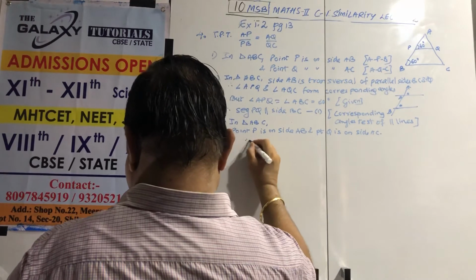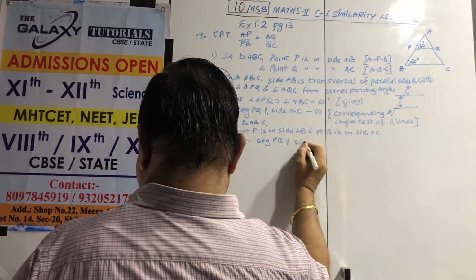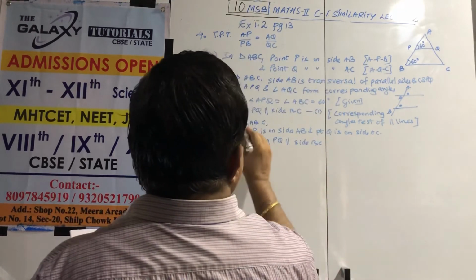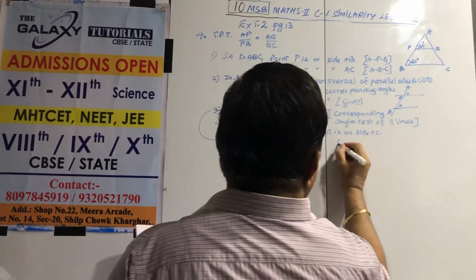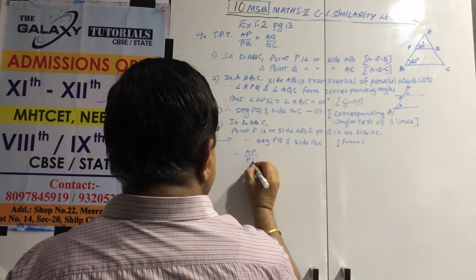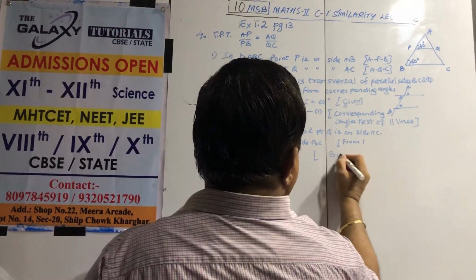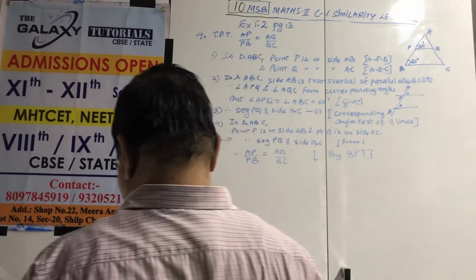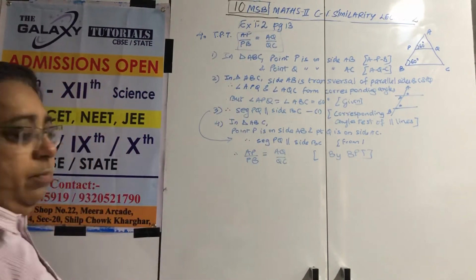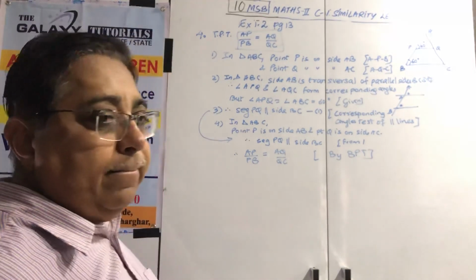Therefore, segment PQ is parallel to side BC, from 1. So I have AP upon PB equal to AQ upon QC by the basic proportionality theorem. Hence proved. This is what I had to prove and this is what I have already proved. So this is how to go about the sum.